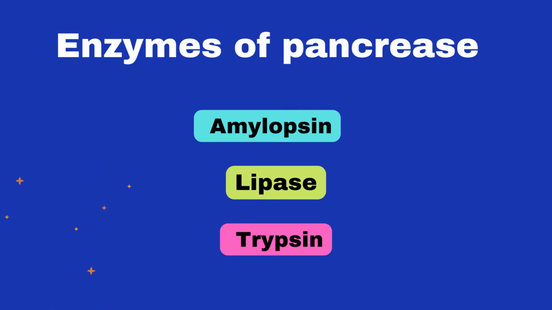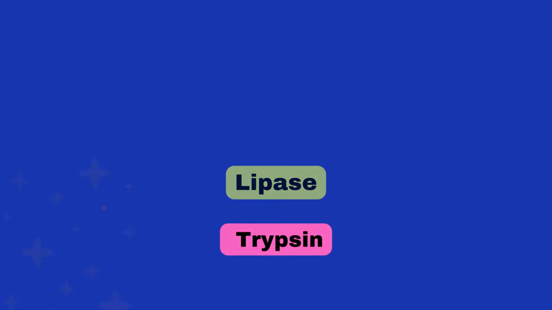Carbohydrate digesting enzyme is amylase, also called amylopsin. Fat digesting enzyme is lipase and protein digesting enzyme is trypsin. Trypsin is produced in inactive form and then it is activated by enterokinase, that is an enzyme.